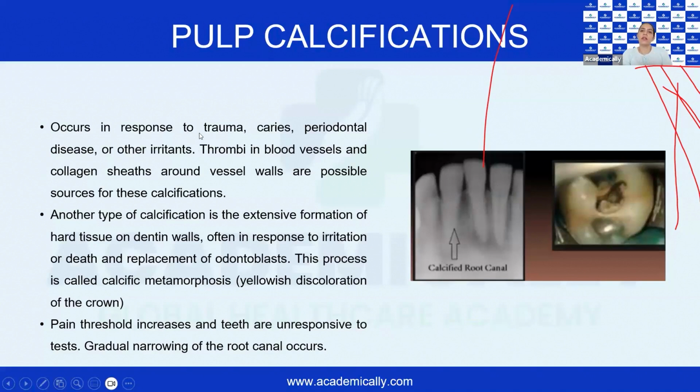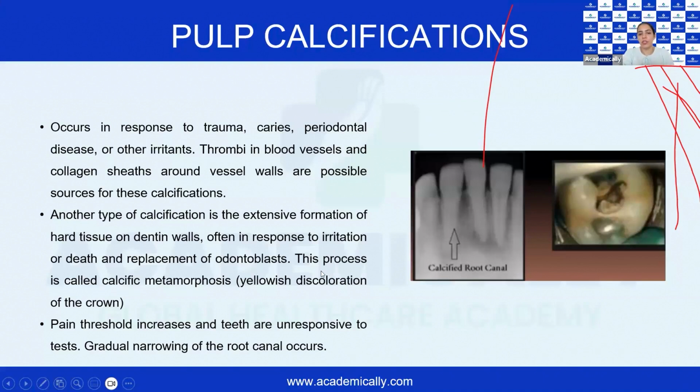It usually occurs in response to trauma, caries, periodontal disease, or other irritants. Thrombi, blood vessels, and collagen sheets around vessel walls are possible sources for these calcifications. Another type of calcification is the extensive formation of hard tissue on dentine walls, often in response to irritation or death and replacement of odontoblasts. The process is called calcific metamorphosis.